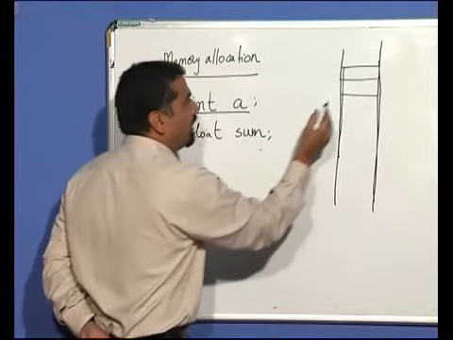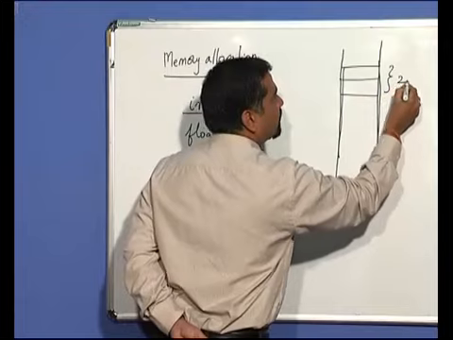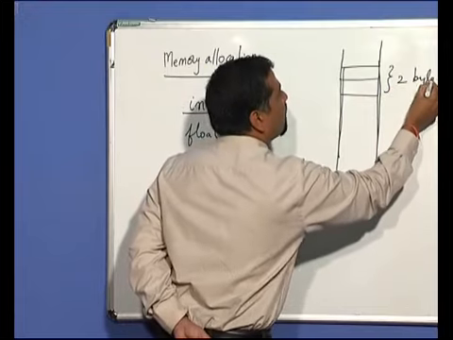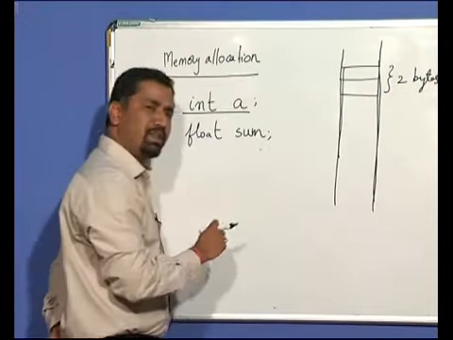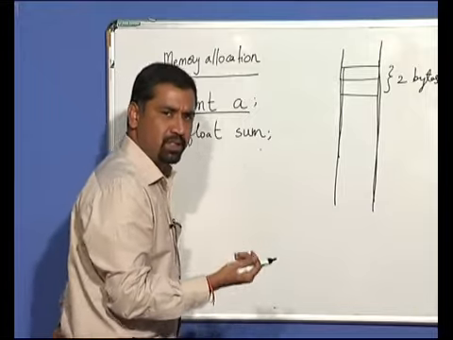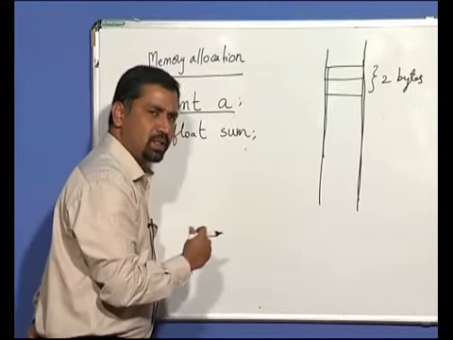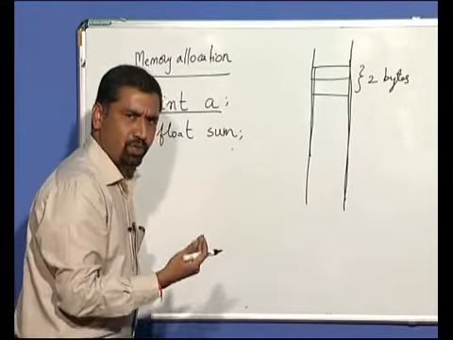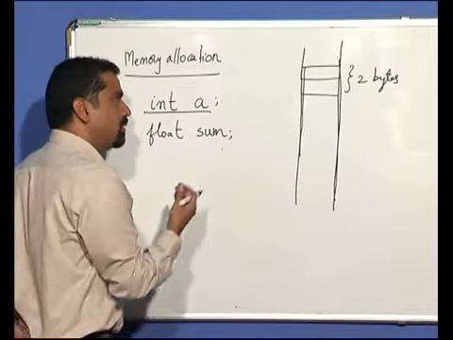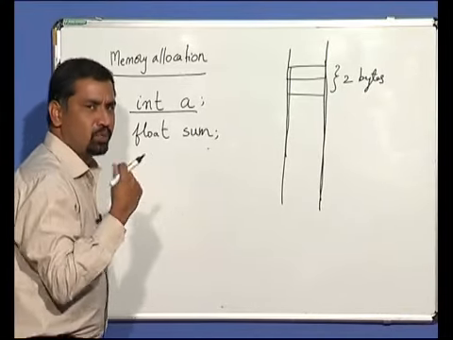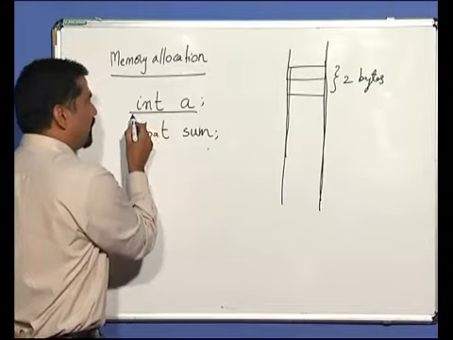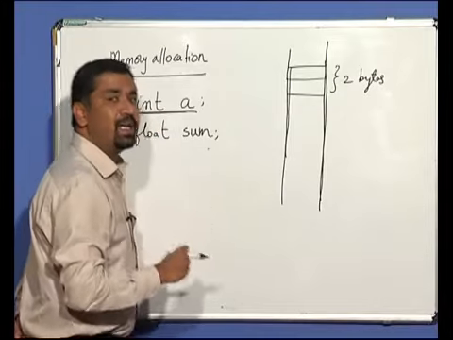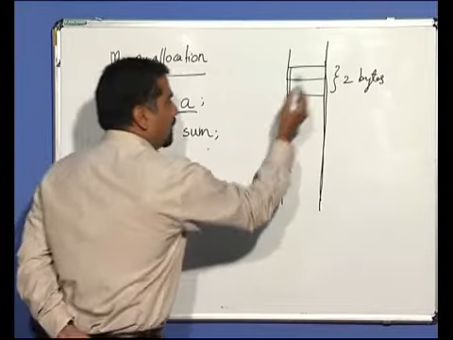integer a will allocate 2 bytes of memory, a minimum of 2 bytes of memory, because that will again change from machine to machine. Sometimes it can be 2 bytes, sometimes it can be 4 bytes also. But let us assume that in the given machine an integer occupies 2 bytes. So when you declare like this, memory is getting allocated like 2 bytes here.